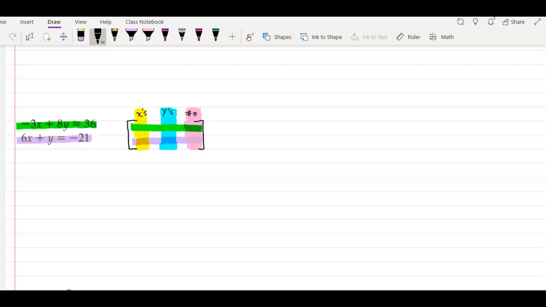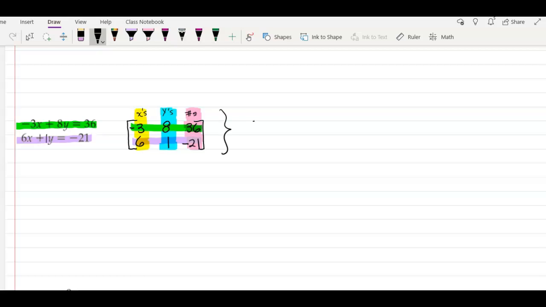So we're starting off. The green equation, I want the coefficient of x. So -3, 8, 36. The second equation is going to be 6, 1, -21.